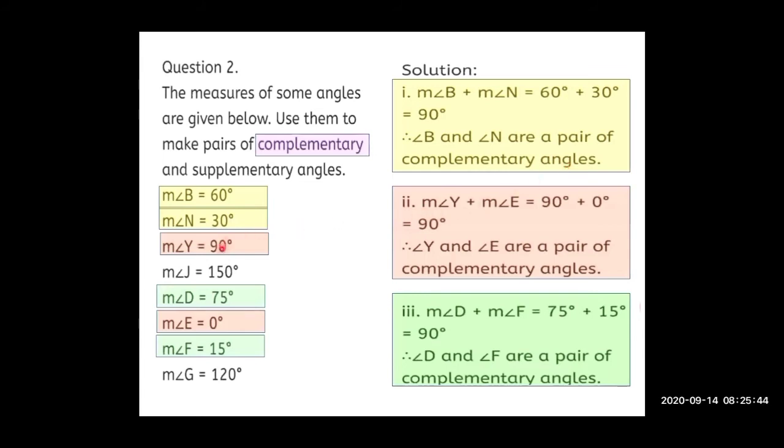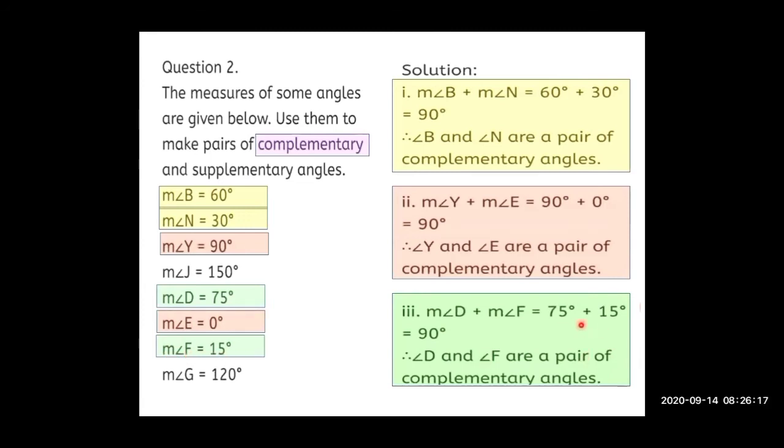Second pair is measure of angle Y is 90 degree and here measure of angle E equals 0 degree. So 90 plus 0 equals 90. Therefore, angle Y and angle E are a pair of complementary angles. Okay. Now third pair is measure of angle D equals 75 degree and measure of angle F equals 15 degree.